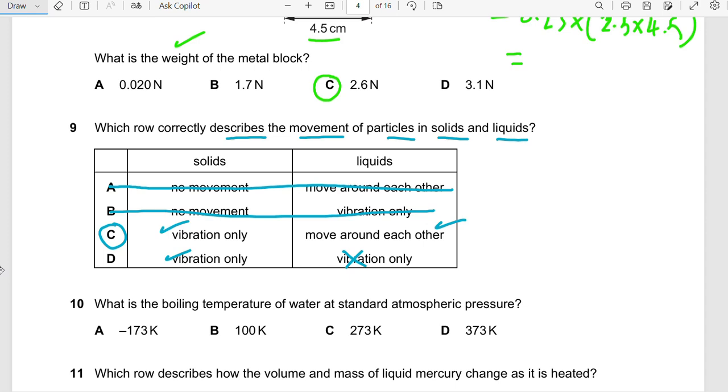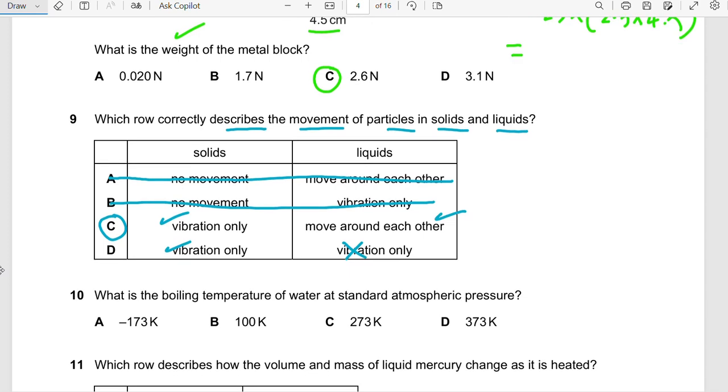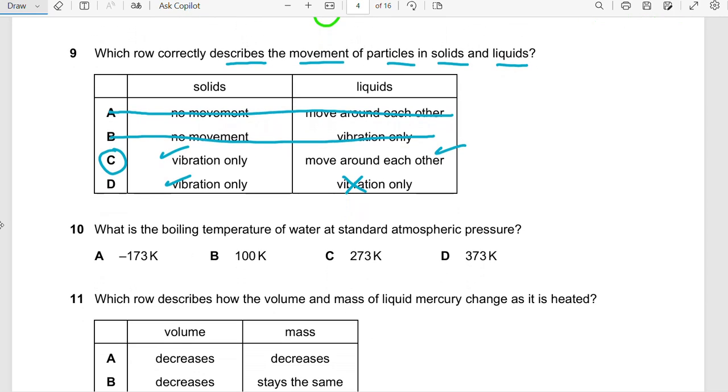Now question 10. This is the last question for this video. What is the boiling temperature of water at standard atmospheric pressure? We know the boiling point for water is actually 100 degrees Celsius, right? So I see the options are in Kelvin.